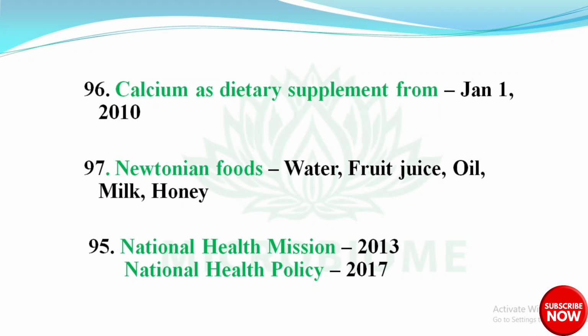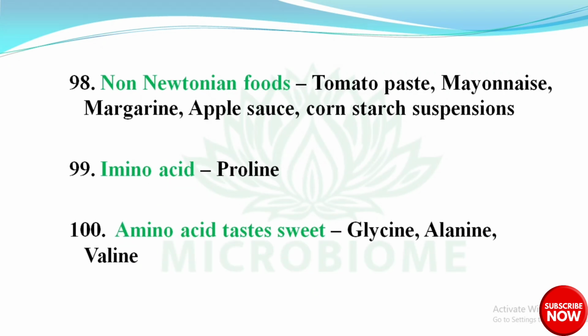The examples are water, fruit juice, oil, milk and honey. Next, National Health Mission in 2013 and National Health Policy in 2017. And examples for non-Newtonian foods are tomato paste, mayonnaise, margarine, applesauce, cornstarch, suspensions.